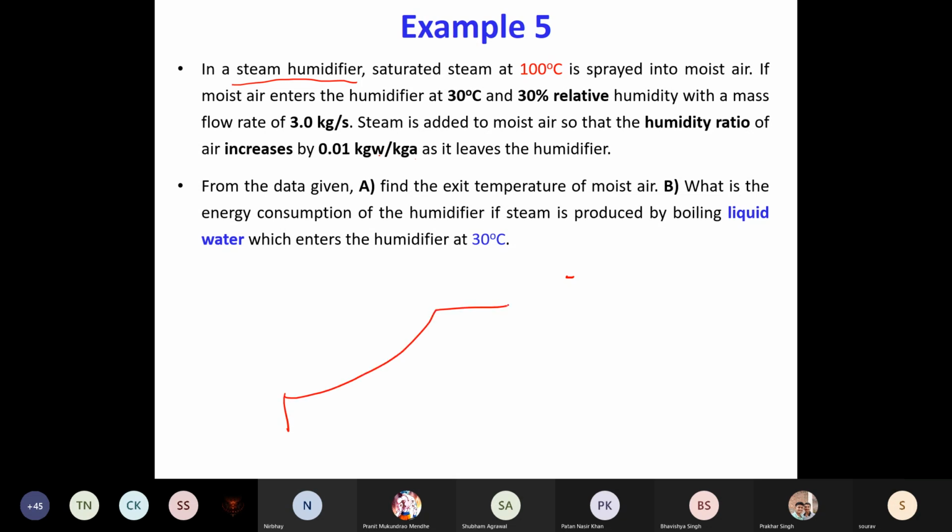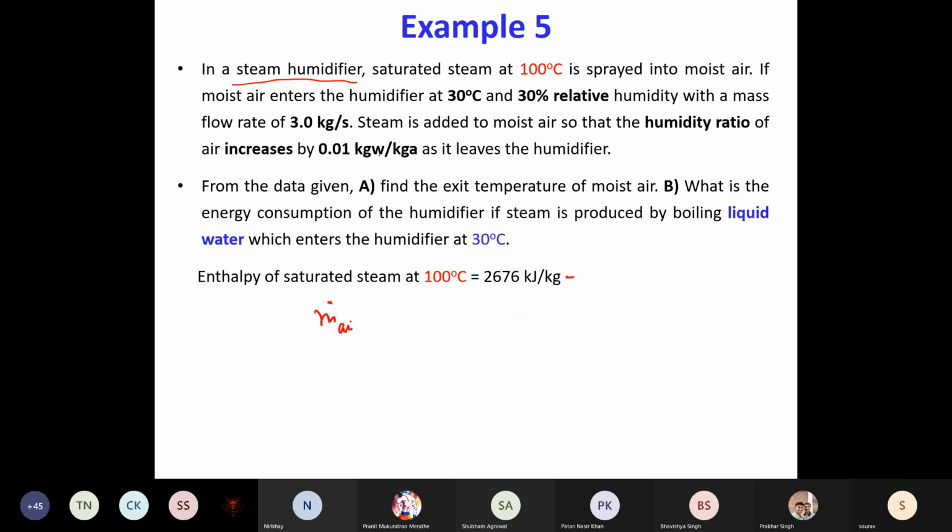So how do we do that? So apply your energy balance.